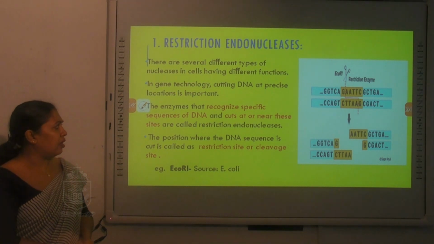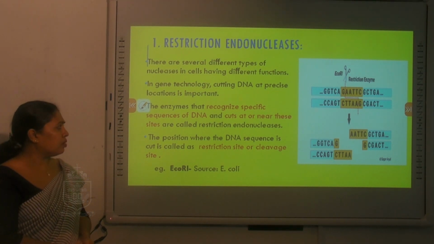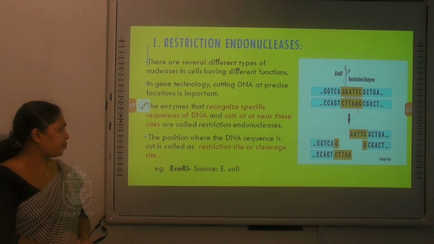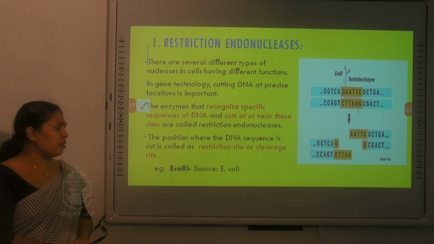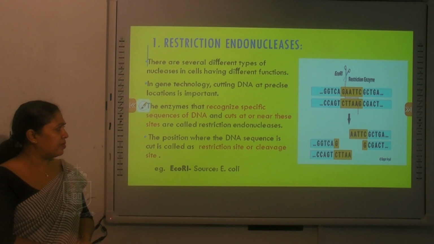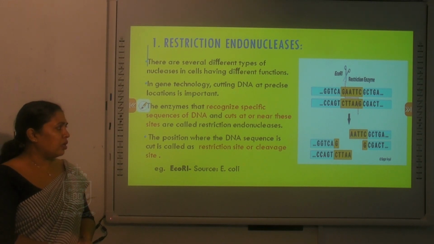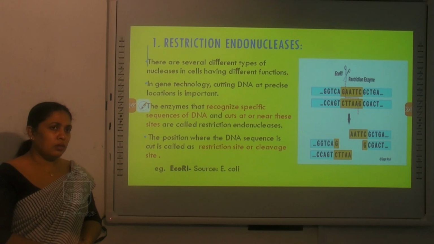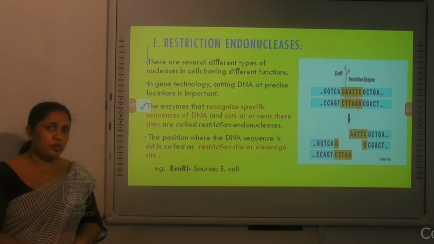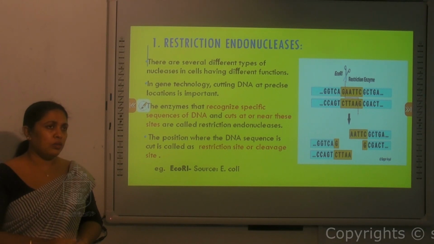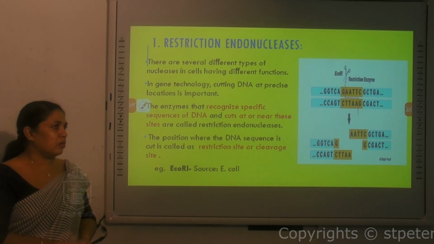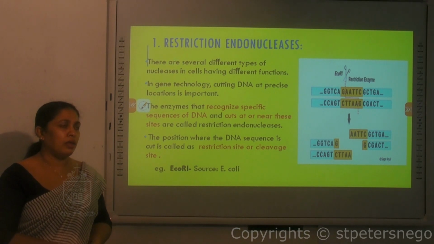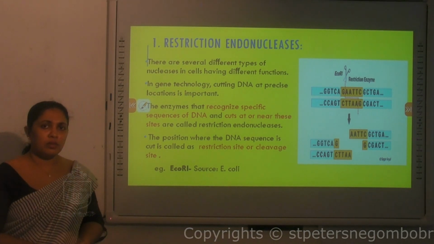They cut the DNA at specific sites, and these sites are known as restriction sites or cleavage sites. In cloning, actually, two DNA fragments should be cut, one is the usual plasmid DNA and also another DNA which should be cloned.